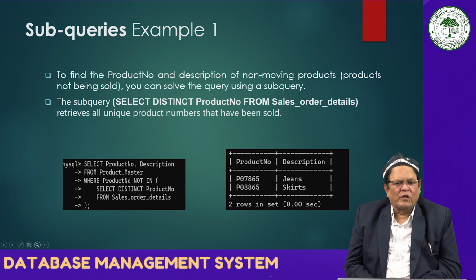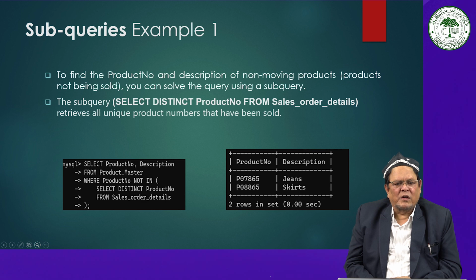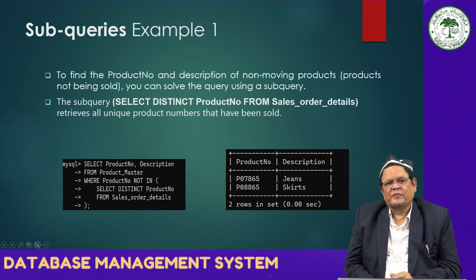In MySQL, how will you write it? Select product number, comma, description from product master table where product number not in, which I've already explained in the previous lecture. Within parentheses, you have to write select distinct product number from sales order details.